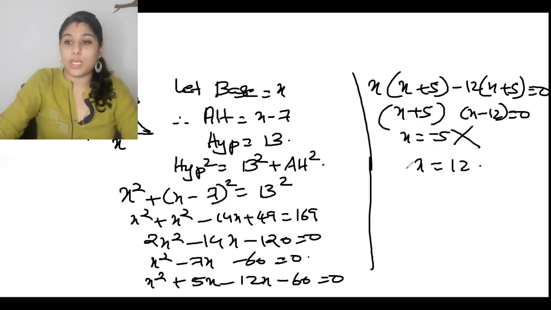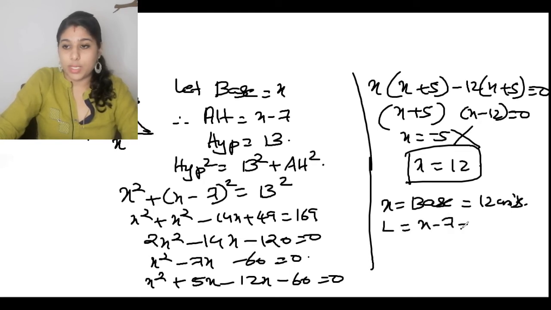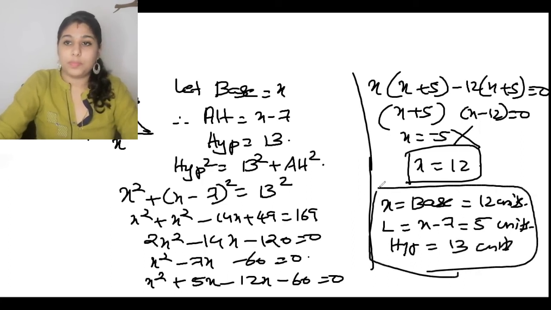So x is 12 is the correct answer. So the base is 12 units, and the altitude, we said x minus 7, that is 12 minus 7, that is 5 units. And hypotenuse will be 13 units. So this is the conclusion of the question.